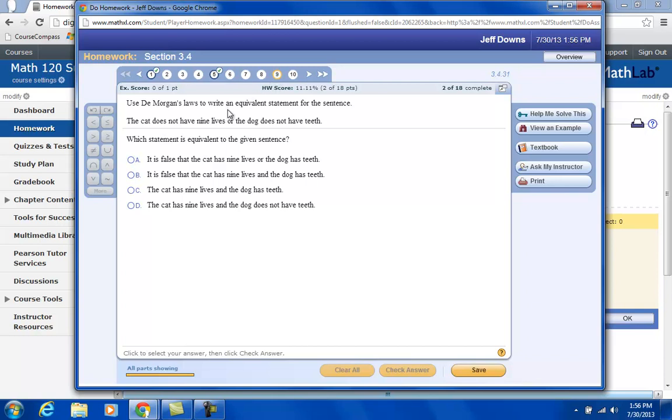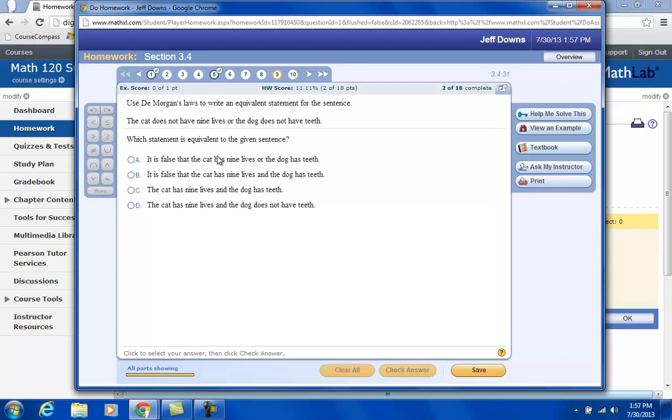Use De Morgan's laws to write an equivalent statement for the sentence. The cat does not have 9 lives, or the dog does not have teeth. Okay. So we can also look at De Morgan's laws if you look in your textbook on page 129. I wish I could write on this, but I can't because I'm doing the problems.